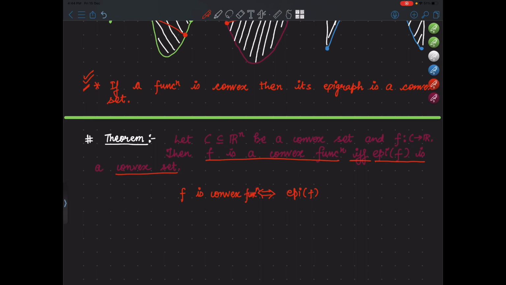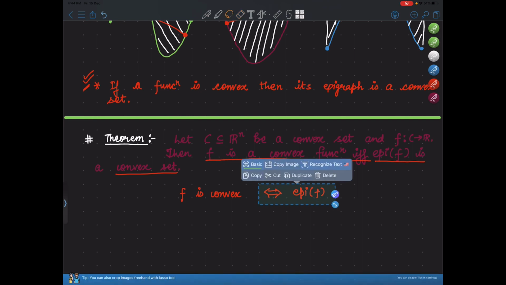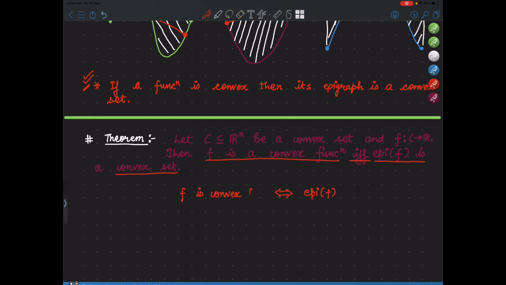Let me write it properly: if f is a convex function, then the epigraph of f is a convex set, and vice versa. So we have understood what the theorem is saying. Let's try to prove it.